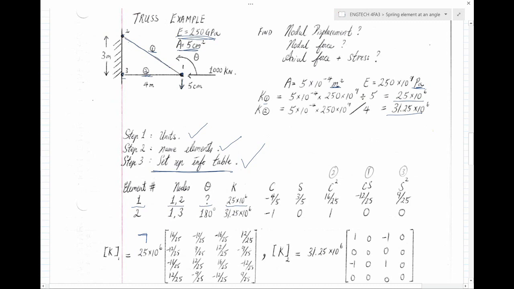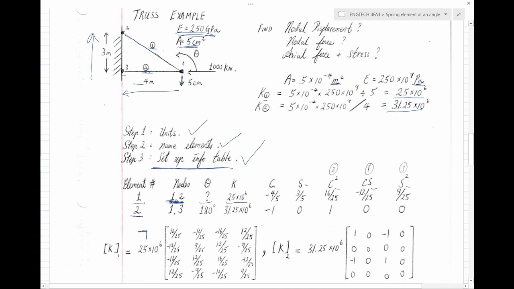Cosine for element 1 is -4 over 5, because we're traveling from node 1 to 2. Remember, the order is so important here. Sine is +3 over 5. So if we know cosine and sine, we know c squared, cs, and s squared.